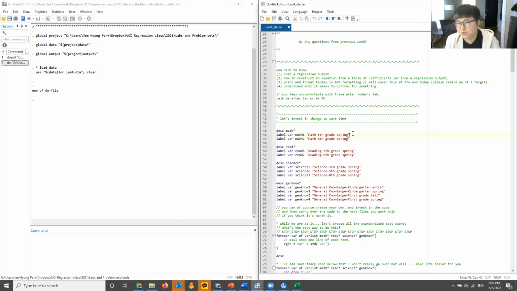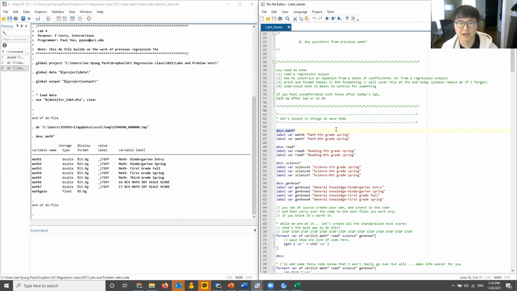But it's useful sometimes to invest in making the data labels so that you can just use describe or whatever you want and not have to go back to the original documentation. And so I do that for you here.